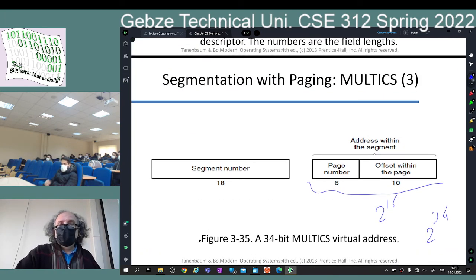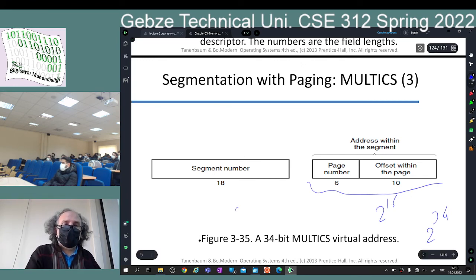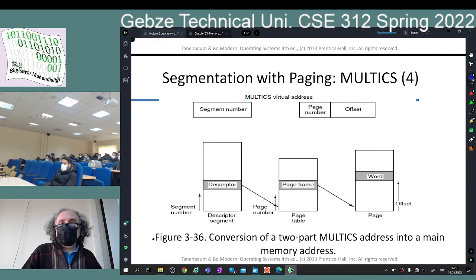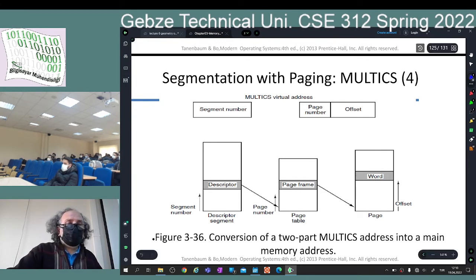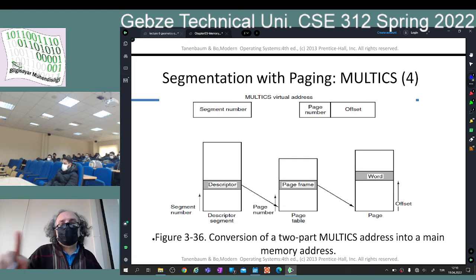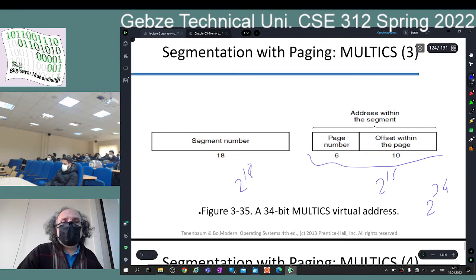Okay, so again, this is how you specify your segment number. So you can have at most 2 to the 18 segments. Inside each segment, you can have this many pages. Okay, and as I said before, when you do this conversion from the virtual address to the physical address, this is my virtual address, total of 34 bits.